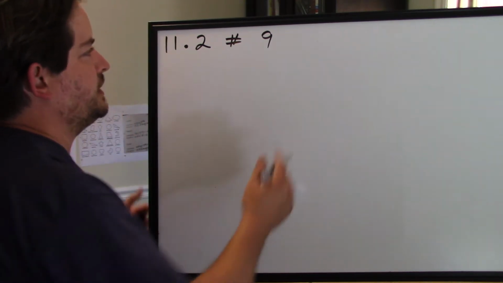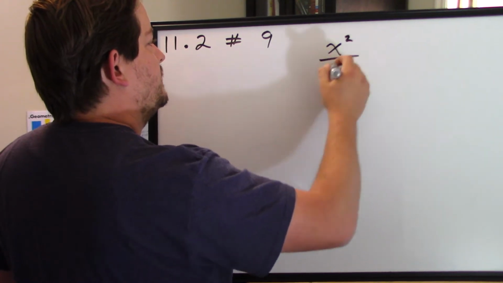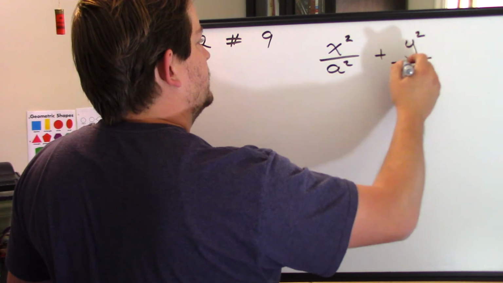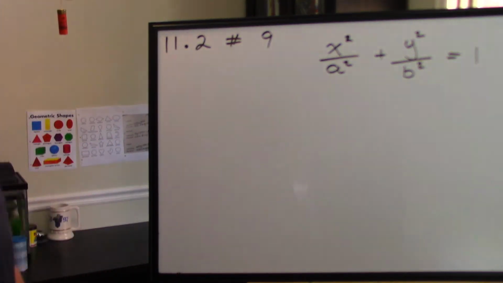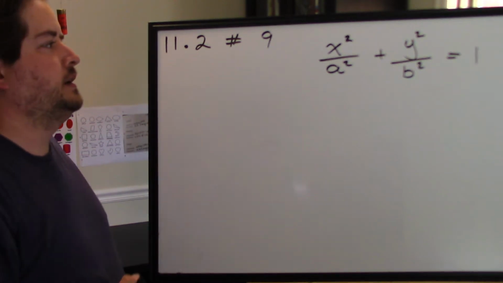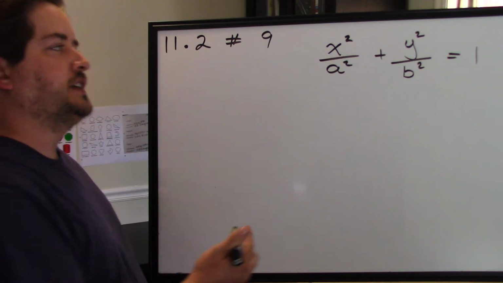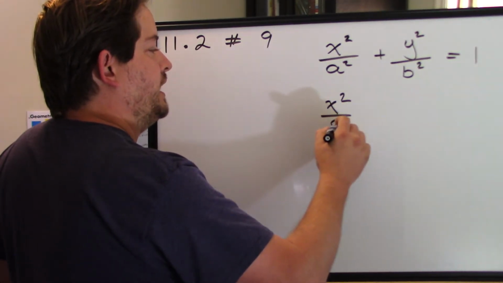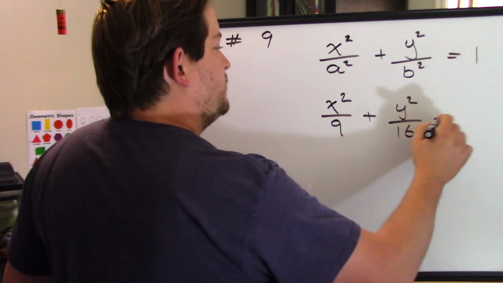Before we jump into it, let's just review what should have been in the videos. This is the general equation for an ellipse. It's easy to graph an ellipse if it's in this format. For example, x squared over 9 plus y squared over 16 equals 1.